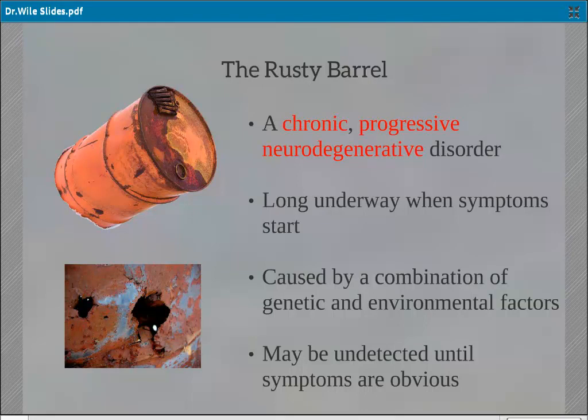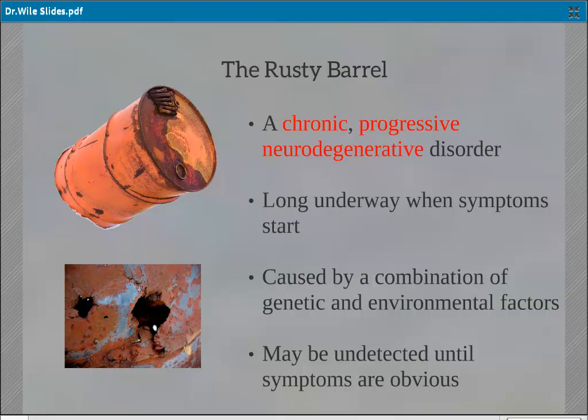And that something is a gradually progressive problem that requires certain conditions. So a barrel is not going to rust if it's got no metal, and it's not going to rust if there's not a combination of moisture and oxygen to oxidize the metal. Similar kind of analogy with Parkinson's disease.